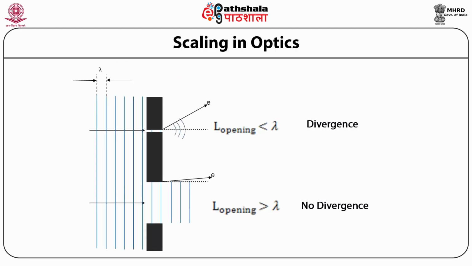So students, let us now discuss the scaling in optics. Scaling in optics is important both for small systems as well as devices used for investigating small systems such as microscopes.